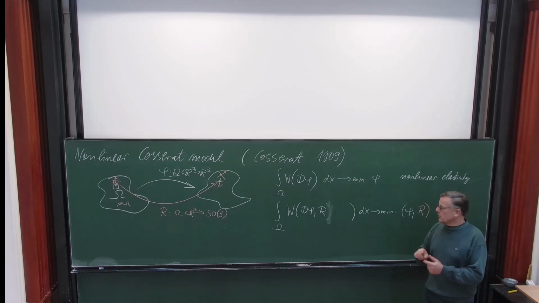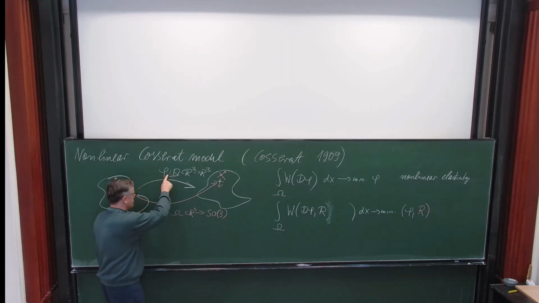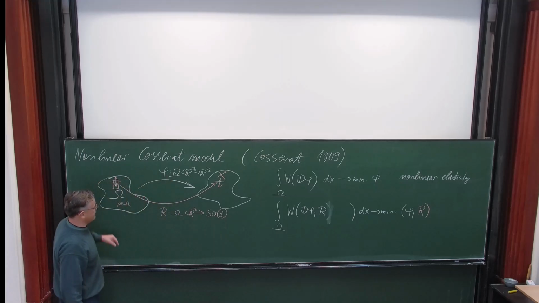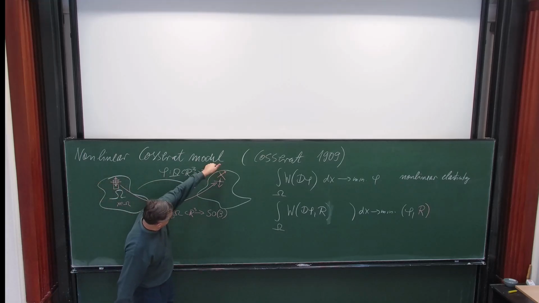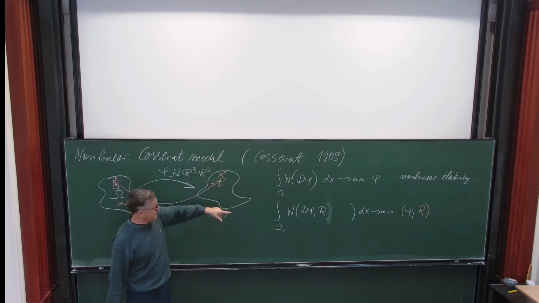That is, the rotations here would only interact with the deformation, but not interact with themselves to say that, okay, here I have rotated to the left, here I have rotated to the right, I should somehow pay energy to do that. And that effect is still missing.